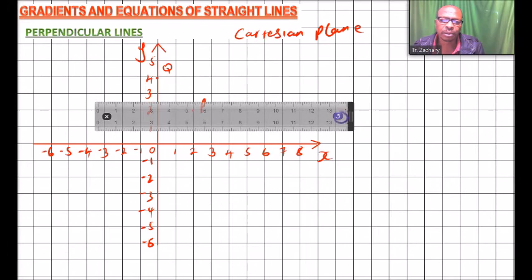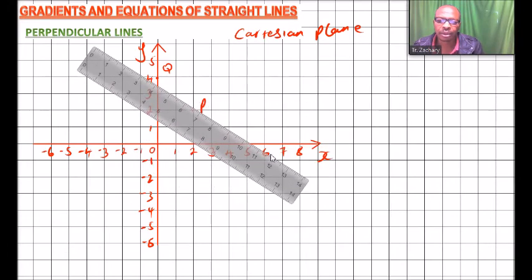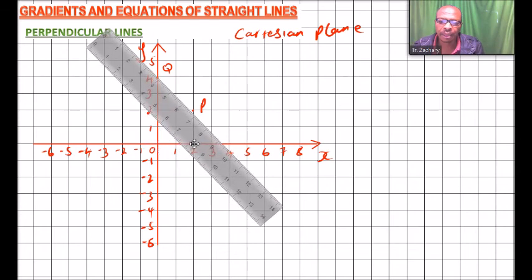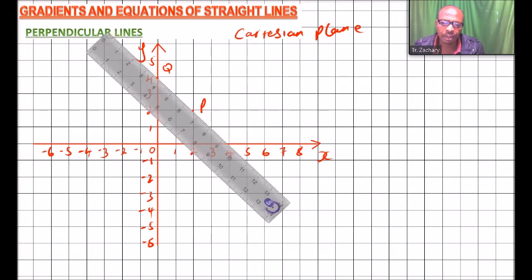We use a ruler to do that. So let's join these 2 points and come up with a straight line. So you set your ruler like that, and that way you'll be able to come up with a straight line. That should be faster for you.